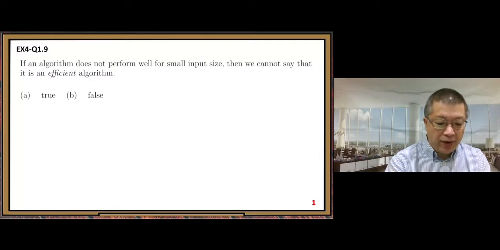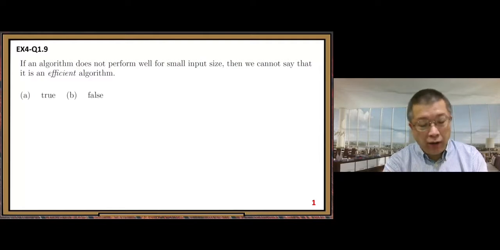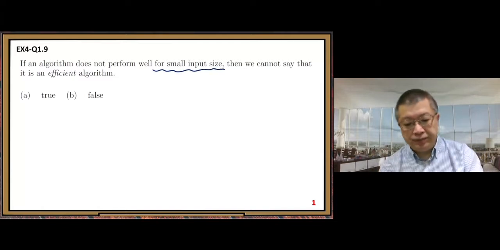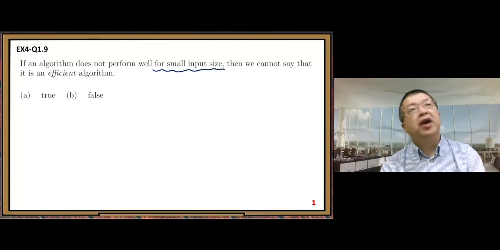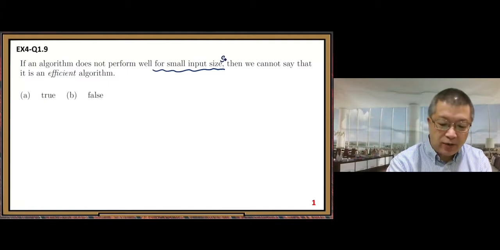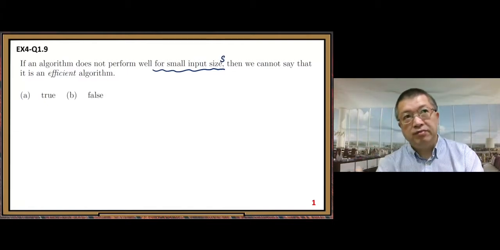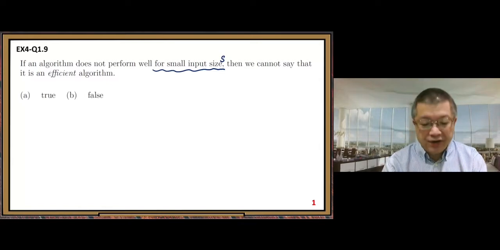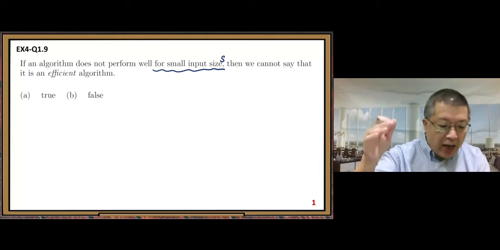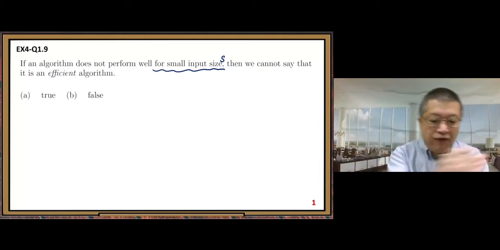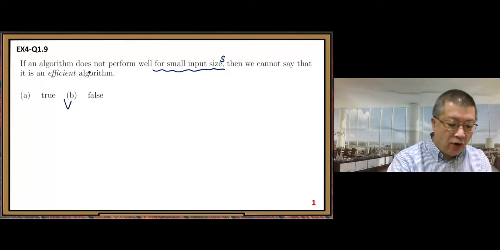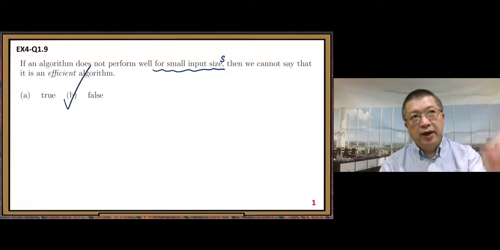If an algorithm does not perform well for small input sizes, because we could have several different sizes, then we cannot say that this is an efficient algorithm. The answer is false. So why?